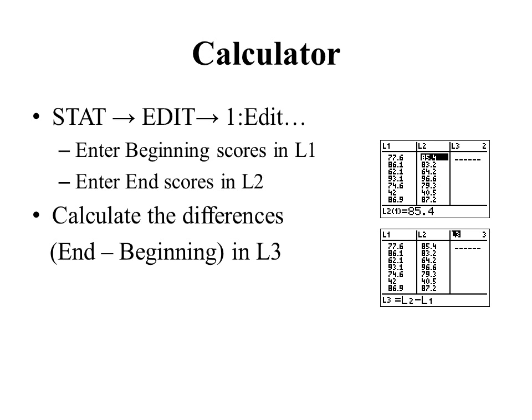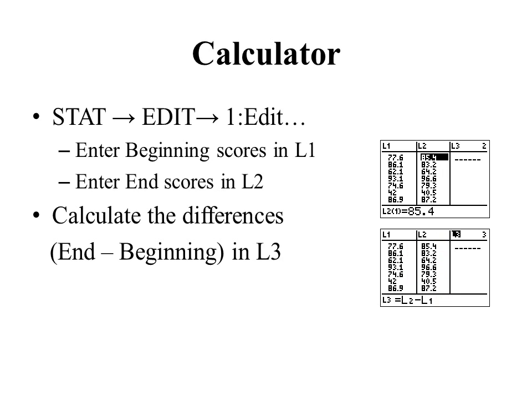And the next thing we need to do is calculate these differences, and we're going to store those in list L3. And so what we're going to do is first highlight the name of that list L3, and then we're going to enter this command down here, L2 minus L1. Remember, L2 is our ending scores, L1 is the beginning score.